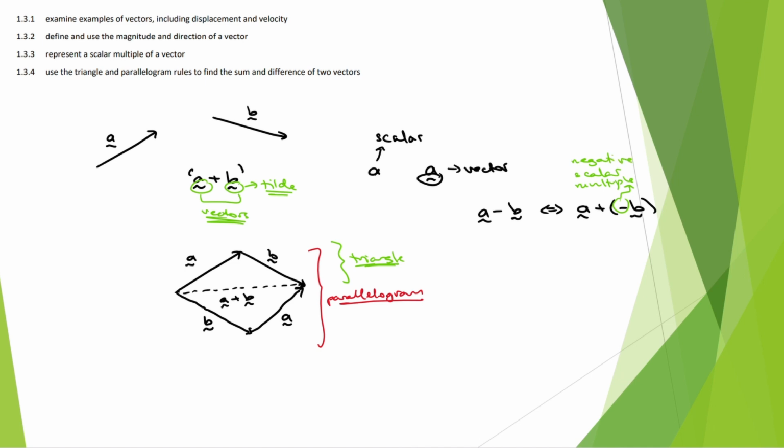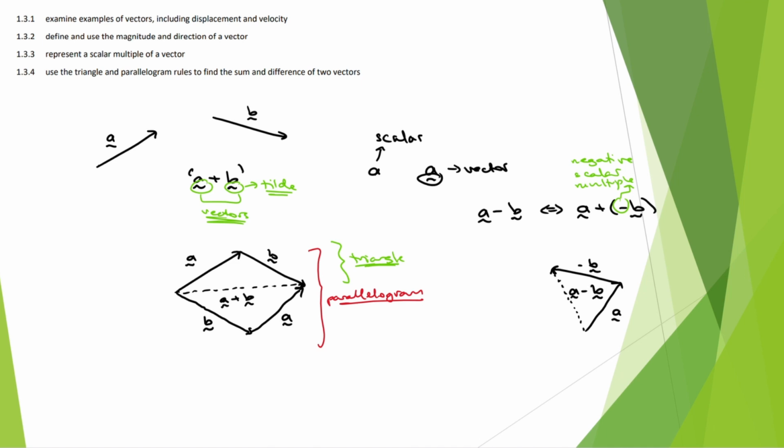And so if I am trying to subtract the vector b from the vector a, what I'm really doing is I am adding the negative of vector b to vector a. So if in this case I have a in this direction, negative b would be going in this direction. And so this vector here, the resultant from the head to tail method, is referred to as a minus b.